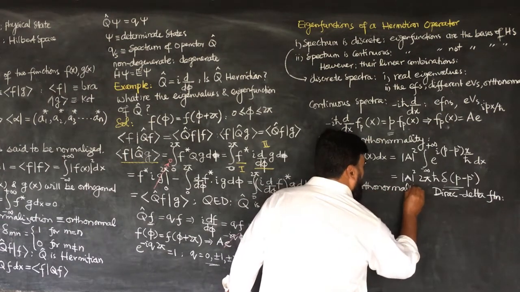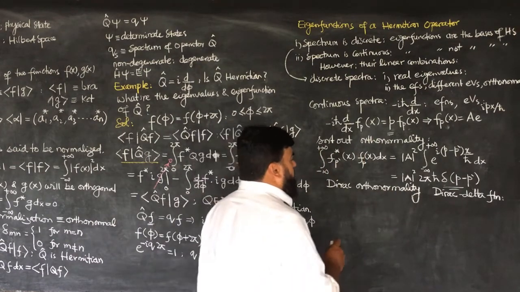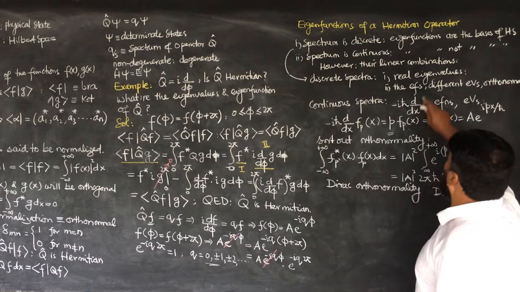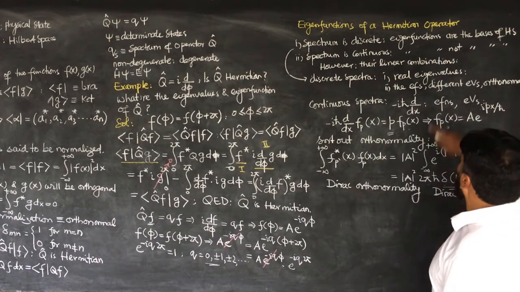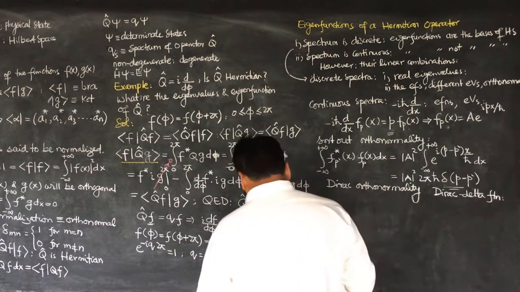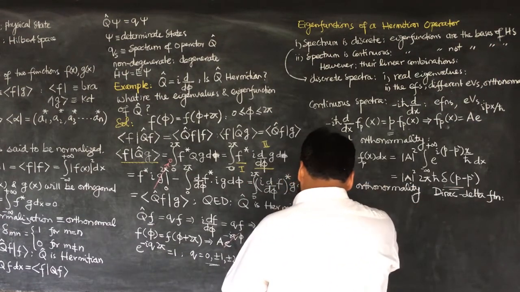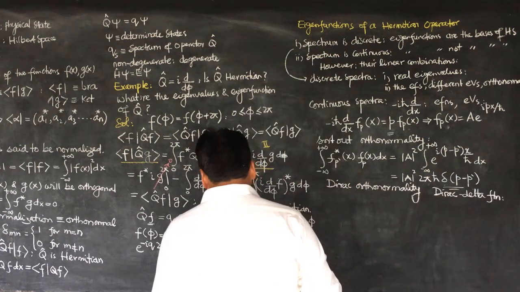Continuous spectra follow the Dirac orthonormality, not the orthonormal cases that we discussed for the bases of Hilbert space. So this way we can write the continuous spectra.